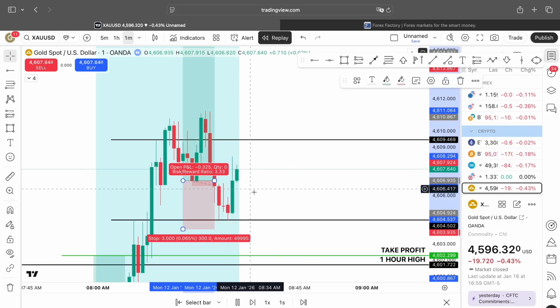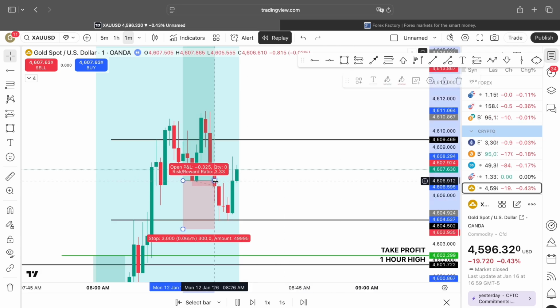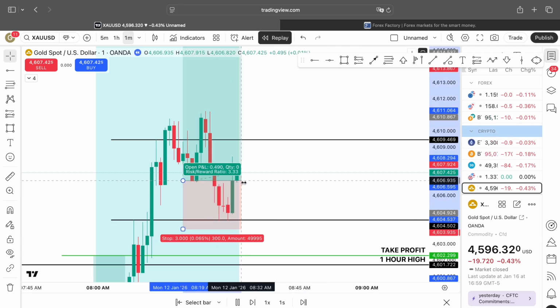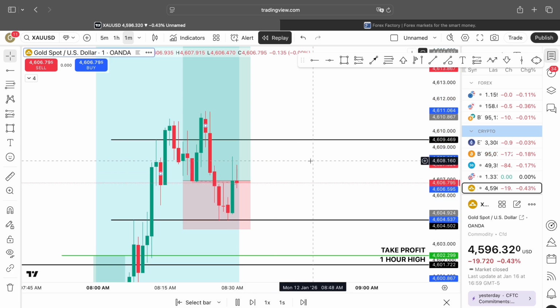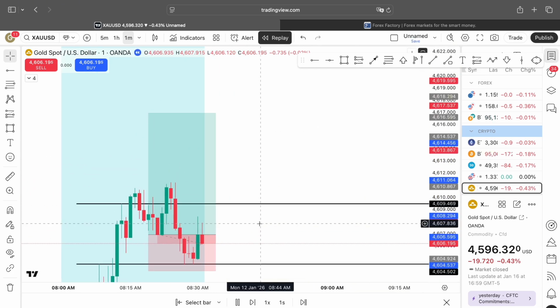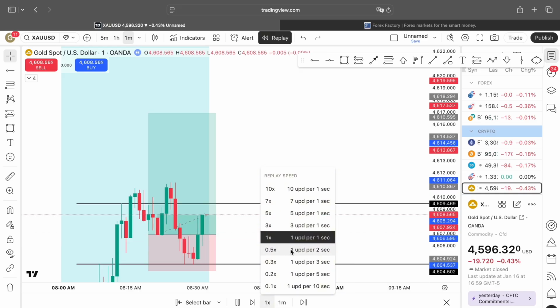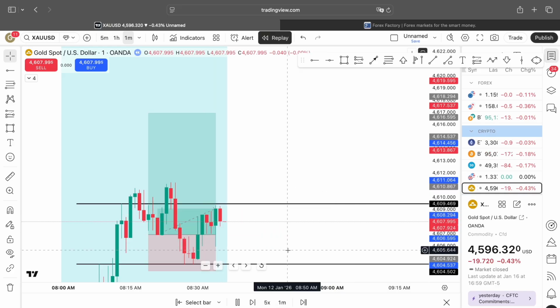I would have entered for another trade right here. Well, it's basically the same spot, so no need to move this. But anyways, let's speed this up a little bit to see what happens.